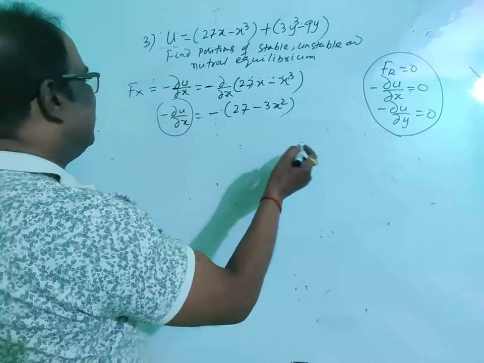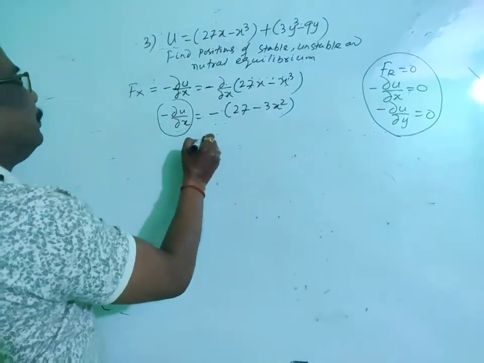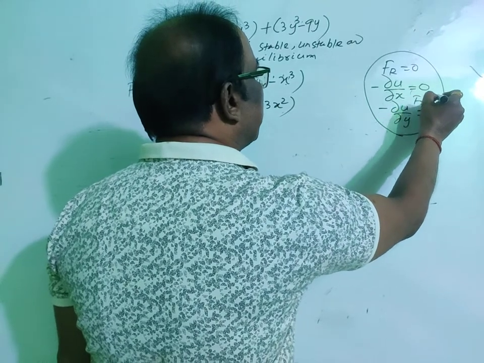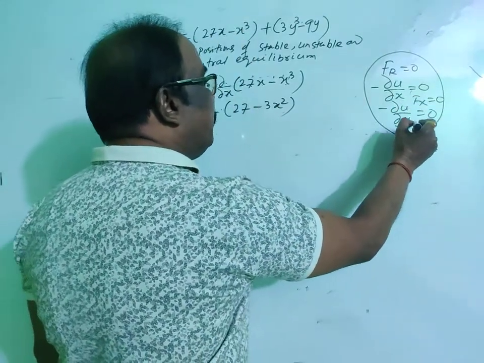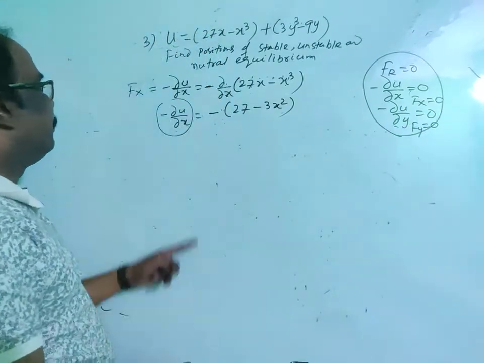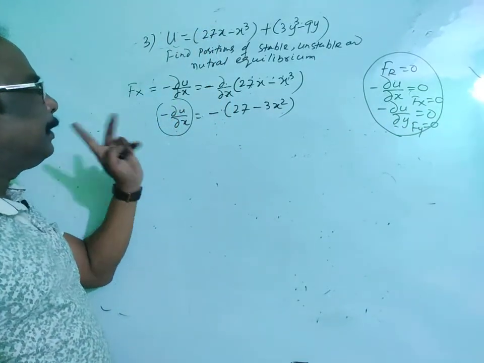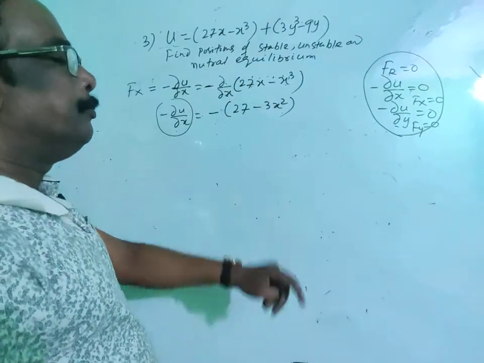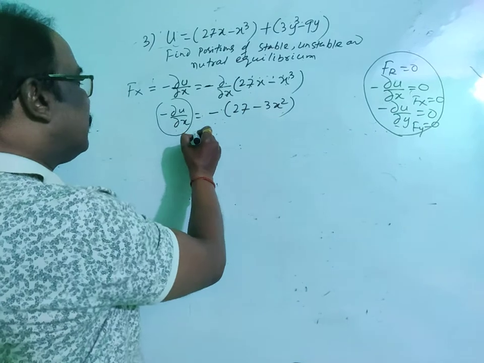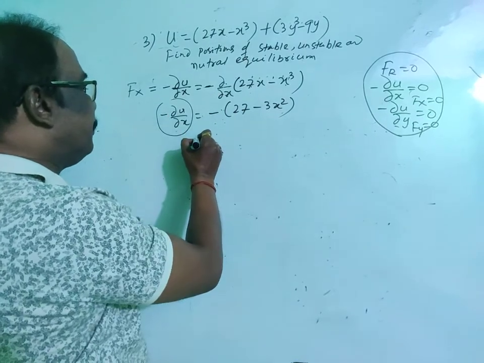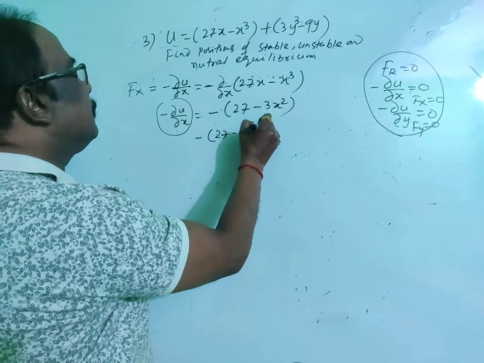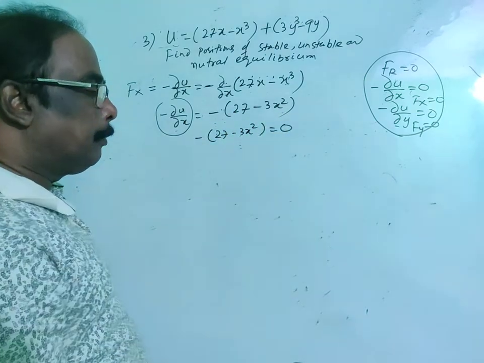If du by dx is 0, then the force in the x-axis is 0. If du by dy is 0, then the force in the y-axis is also 0. Is it clear? So if du by dx is 0, then minus 27 minus 3x square is equal to 0.